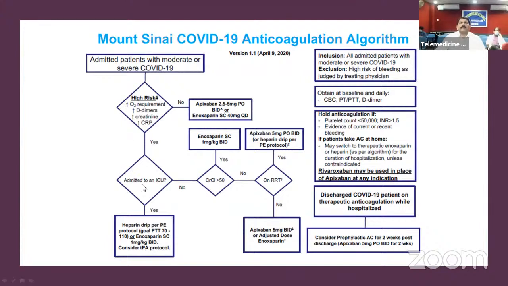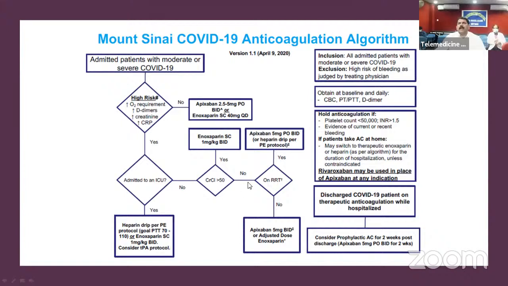And if the high risk is not there, then you can go for an oral anticoagulant or enoxaparin 40 milligram OD. And if the patient is not admitted to ICU and the creatinine clearance is more than 40, then you can go for enoxaparin 40 twice a day subcutaneous.